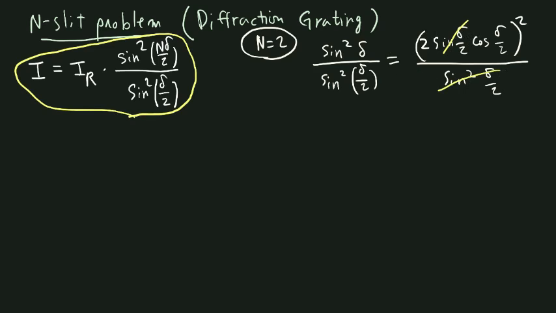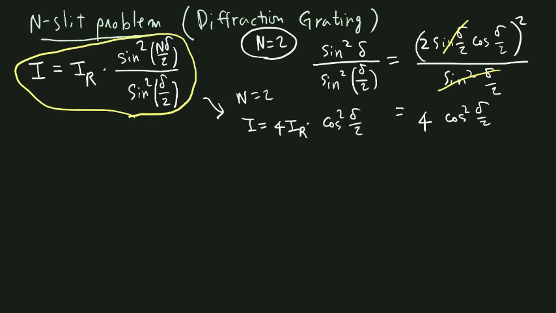And so what you get is 4 times cosine square delta over 2. So this n-slit problem solution, when n equals 2, can be written as I equals 4 I_R times cosine square delta over 2.